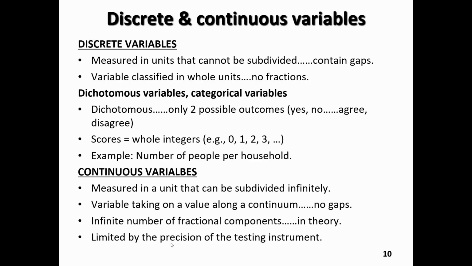Two more very important definitions before moving on to the next set of lectures here include the difference between what's called an independent variable and a dependent variable. The independent variable in a research study is that variable that is typically manipulated or under the control of the researcher.